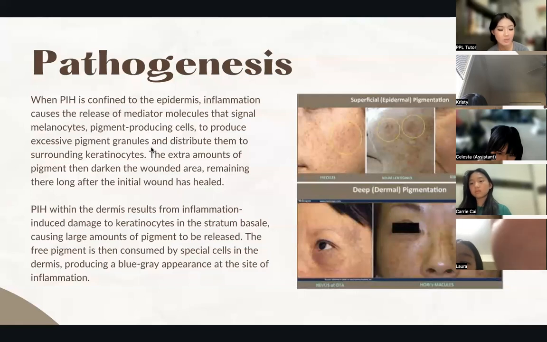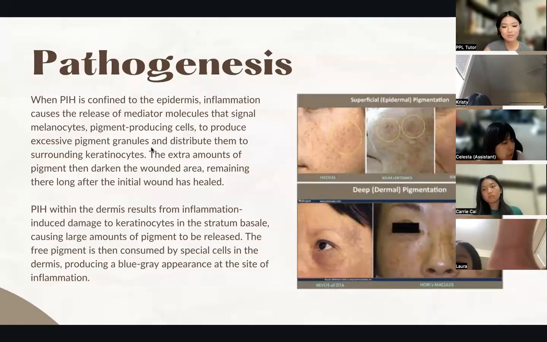Then the free pigment is consumed by special cells in the dermis, which ultimately produces a blue-gray appearance at the site of inflammation. These can take much longer to go away. A lot of people require laser treatments to get these permanently removed because they're just so deep in the skin.